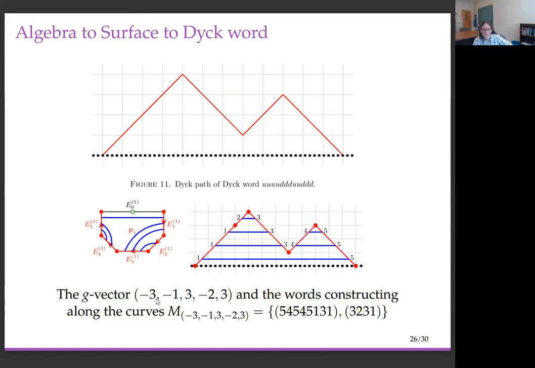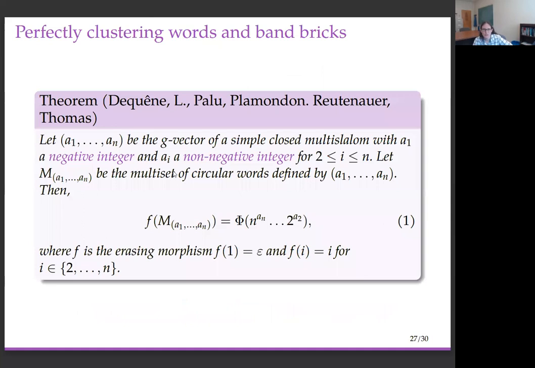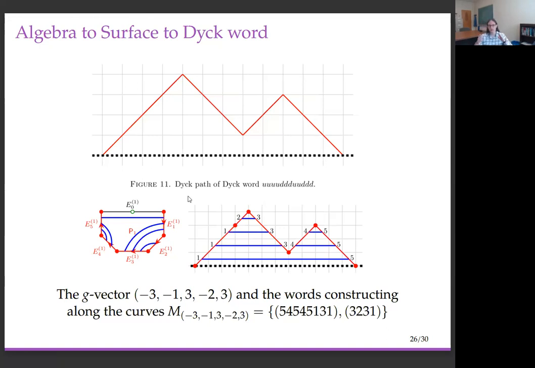And basically, if you have a perfectly clustering word, the Dyck path will be: you go up, and then you go down after, and the number of times you go up is simply the sum of all the times you go down.